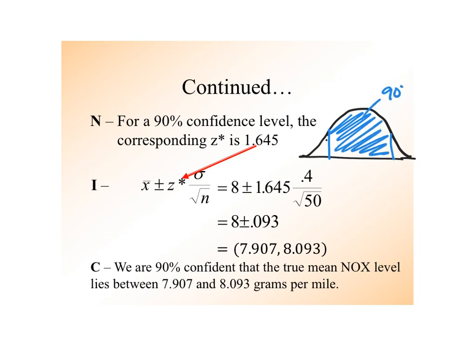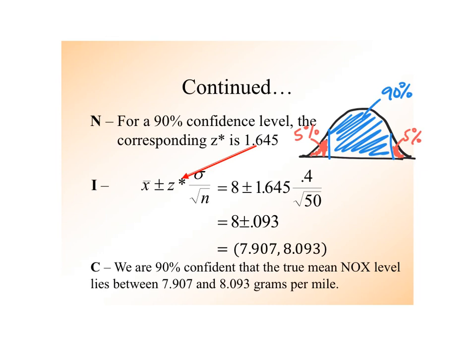So if this is 90%, right, how much is on the tails? How much is here and here? You would say, 100 minus 90 is 10. So that means that there's 5% here and 5% here.